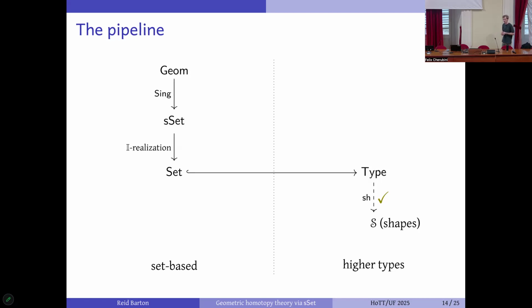So in general, you don't know how to prove that the shape of a thing on the top exists, but you know how to prove that it exists after the singular realization. Well, these geometric objects are not sets. This is some other category. Sorry, they're not just plain types, is what I mean. In cohesion, you can kind of get away with treating them as just types, but here they're not.